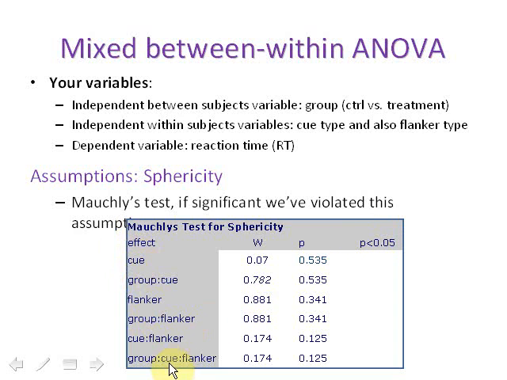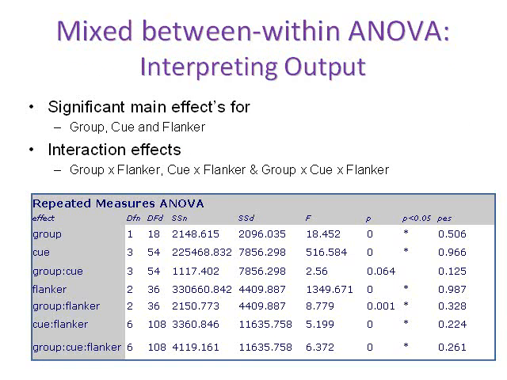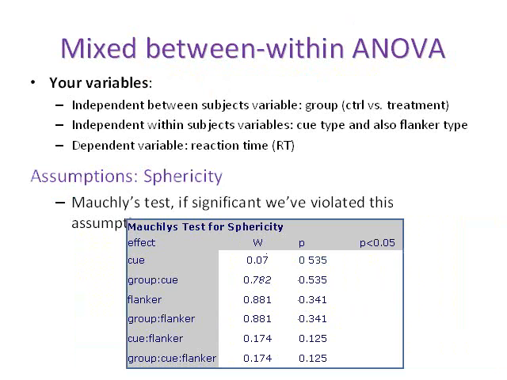For all of these different combinations of main effects and interactions, we can see that the probabilities are all quite high. None of them have got stars in this column, so that means there's no significant effect, so no departure from it being parametric. If it had been, we'd have had to use one of the corrected tests, the Greenhouse-Geisser one, for instance.